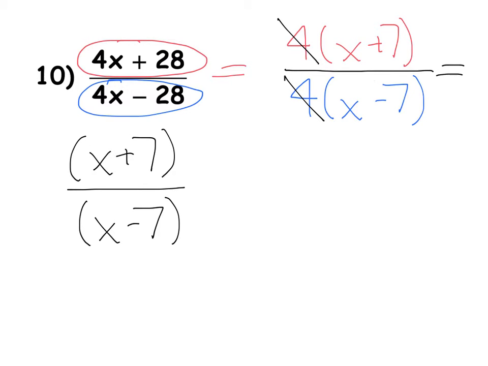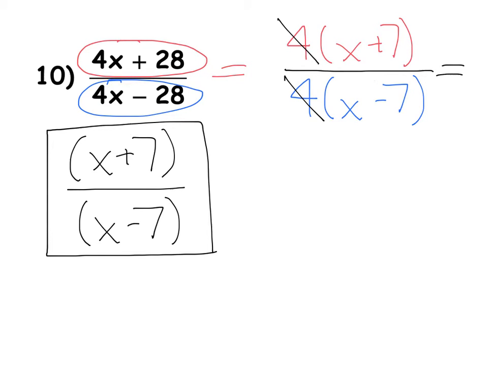And so now some of you might be thinking, oh cool, I can cancel out the x's, I can cancel out the 7's, but be careful, right? Expressions only cancel out with the exact same expression. This is why I left the parentheses around the x plus 7 and x minus 7. Okay? So I won't be making that mistake. Alright? And this is another final respuesta.